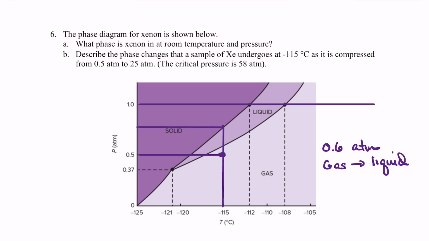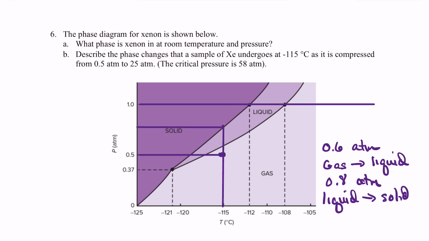We can see it falls roughly midway, maybe a little bit higher than midway between 0.5 and 1.0. So I'm going to say it's roughly 0.8 atmospheres. So at roughly 0.8 atmospheres, we're going to get a conversion of the liquid to the solid.